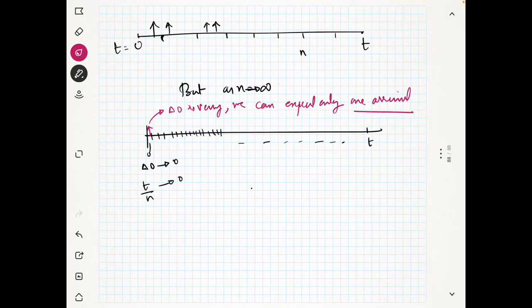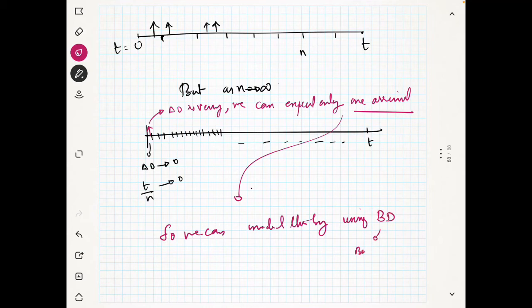Because the block duration is very small, we can model this using the binomial distribution. This is representing the binomial distribution. You see here we have small blocks. Let's say this is the first block, this is the second block, third block, like this.